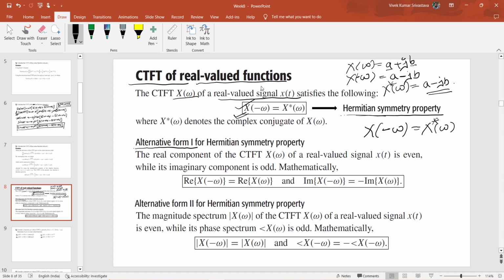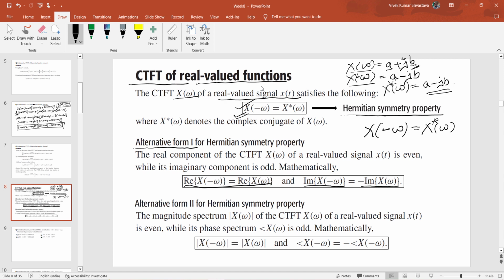It means that the real part of x of omega will be equals to the real part of x of minus omega, whereas for the imaginary part, imaginary part of x of minus omega will be equals to minus imaginary part of x of omega.